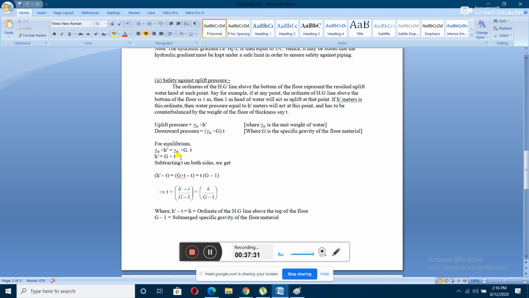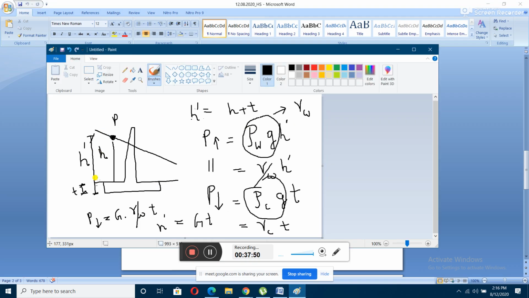So if we subtract t from both sides, what will we get? H dash minus t equal to Gt minus t, right? What is the value of h dash minus t? That is your h, yes or no? Just look here, h dash minus t, I have already shown you, right? H dash minus t equal to h.